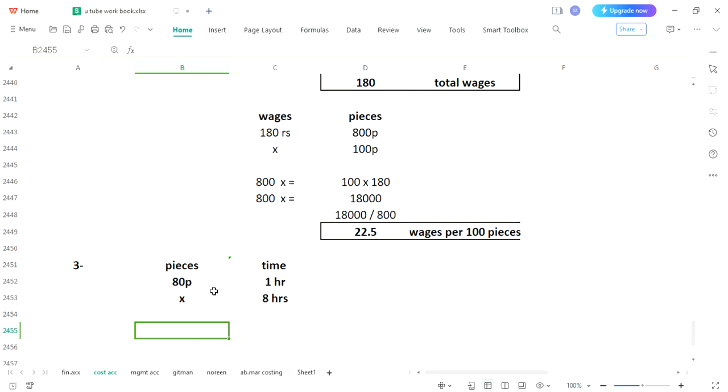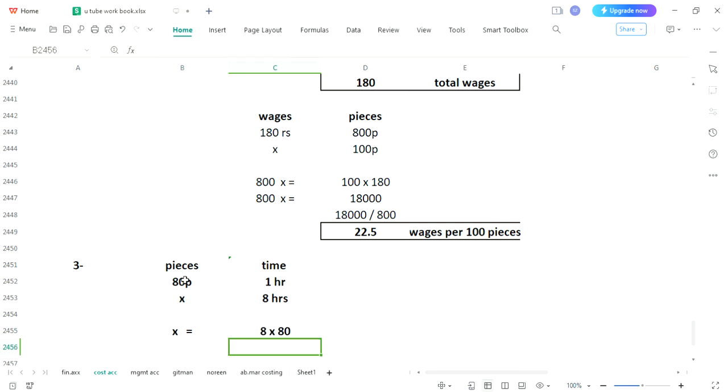Here what we are willing to know, in 1 hour 80 pieces were set as standard. In 8 hours how many units must be made as standard? Cross multiplication, x would be multiplied with 1, so we will have only x or 1x, and then on the second line 8 would be multiplied with 80.